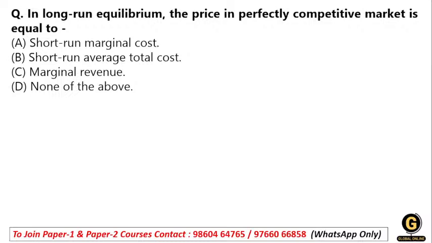When you see this question, in the long run perfect competition, equilibrium occurs when the firms are earning zero economic profit, and this economic profit is nothing but your normal profit. Whatever the price is decided, it will be equal to your marginal revenue.